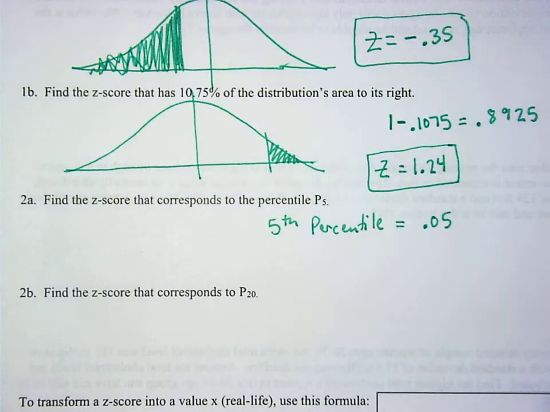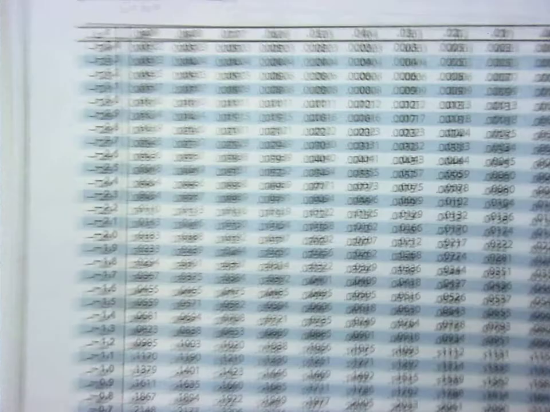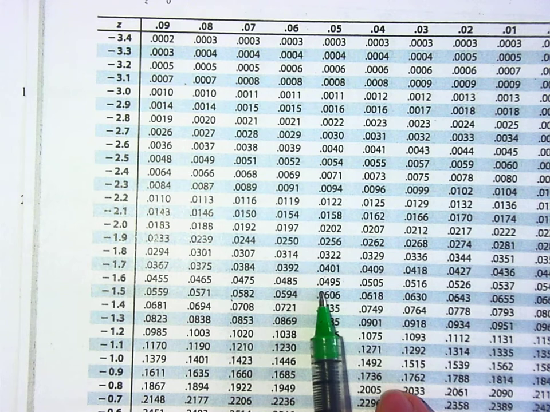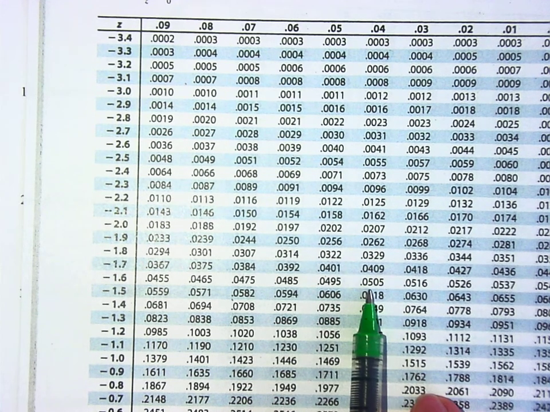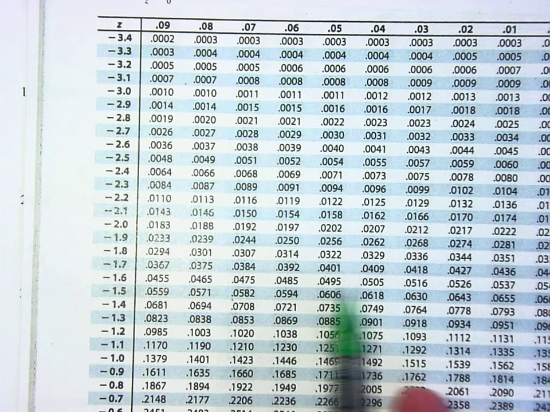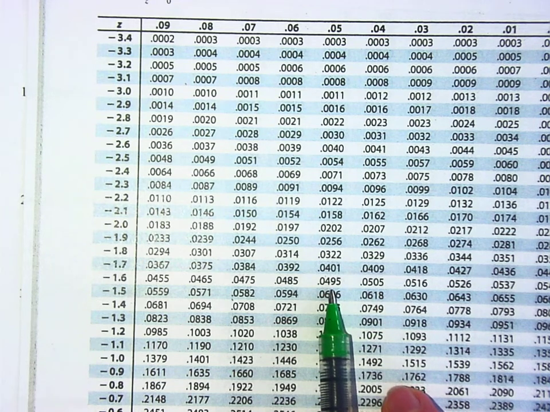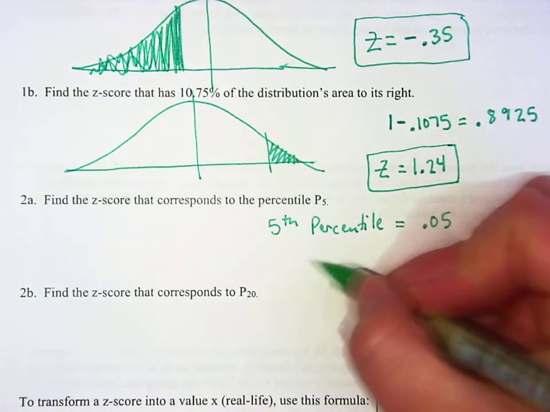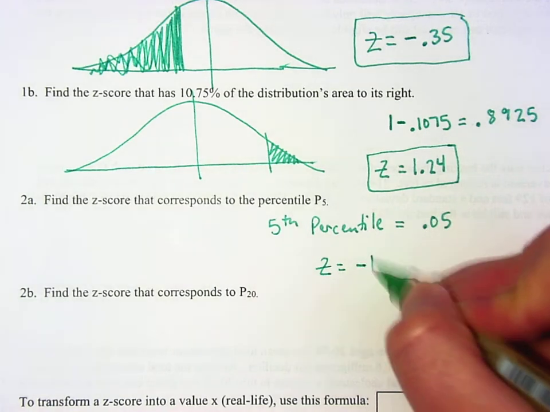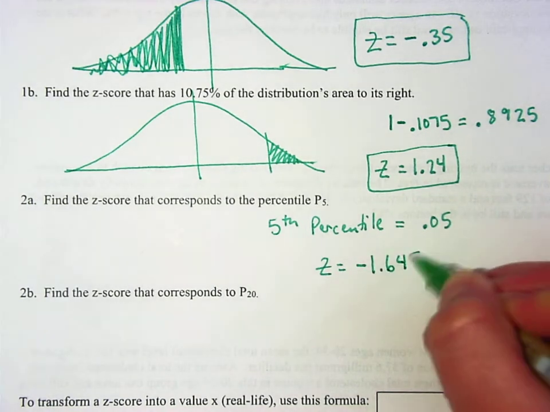Okay, so if you look in the middle of your table, it ends up being 0.0495 and 0.0505, and they're kind of symmetric around it, right? So what do you pick? Do you pick negative 1.64 or negative 1.65? 4.5, yep. So the z-score is negative 1.645.